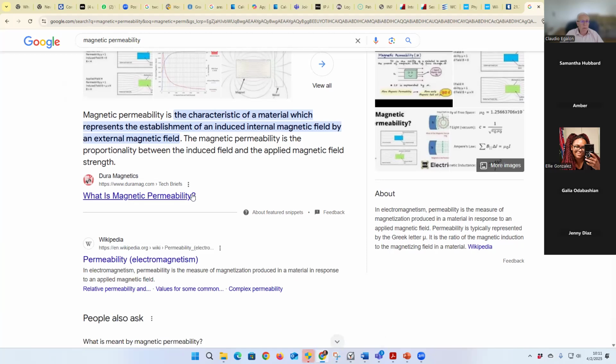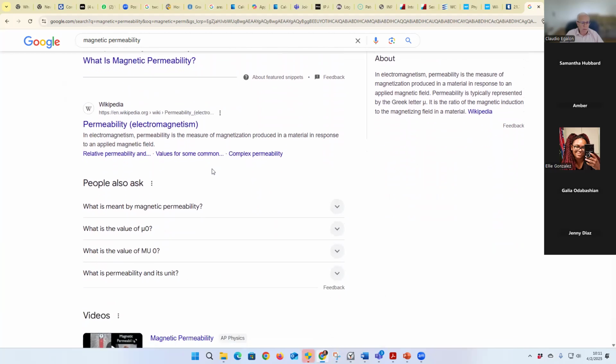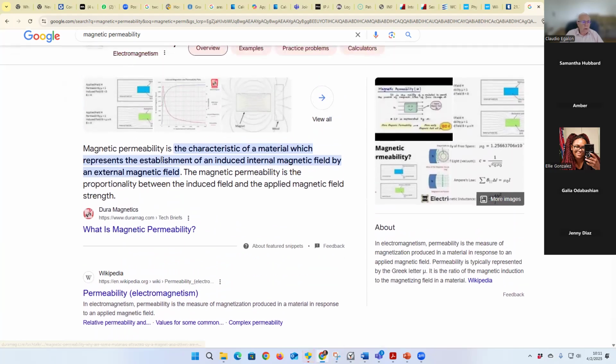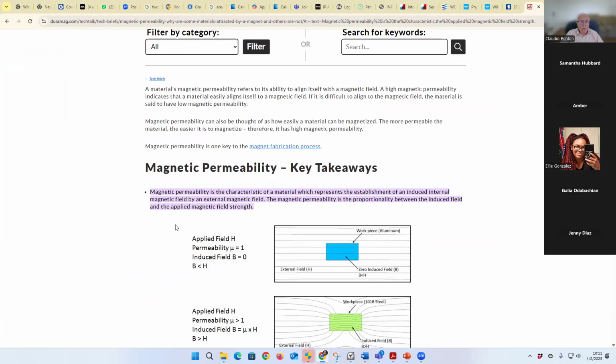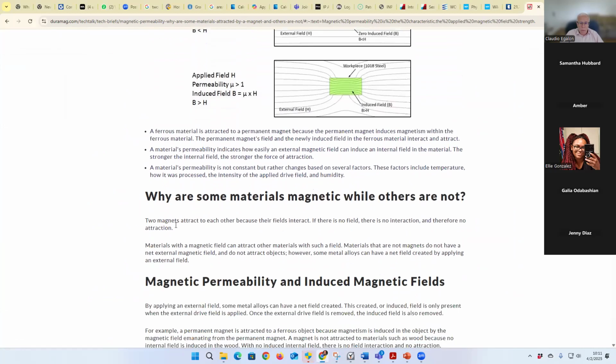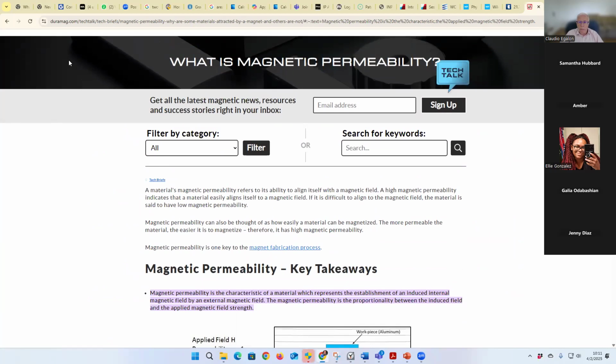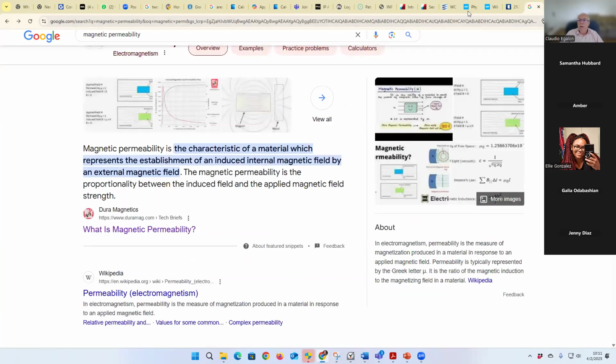Let's see, what's the magnetic permeability? I want to know the exact value. It's not difficult to memorize. So let's see, here you go. Magnetic permeability of vacuum. Let's take a look at your book.